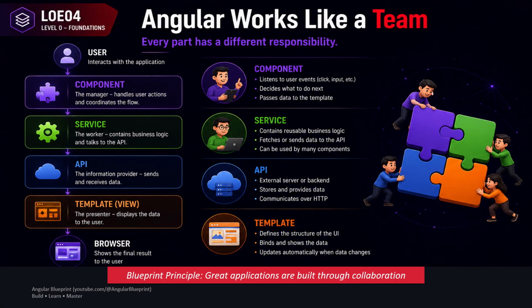So instead of one giant file doing everything, Angular lets each part focus on a single responsibility. This is what makes Angular applications clean, scalable, and easier to maintain. Now that we know the team members, let's watch them work together.